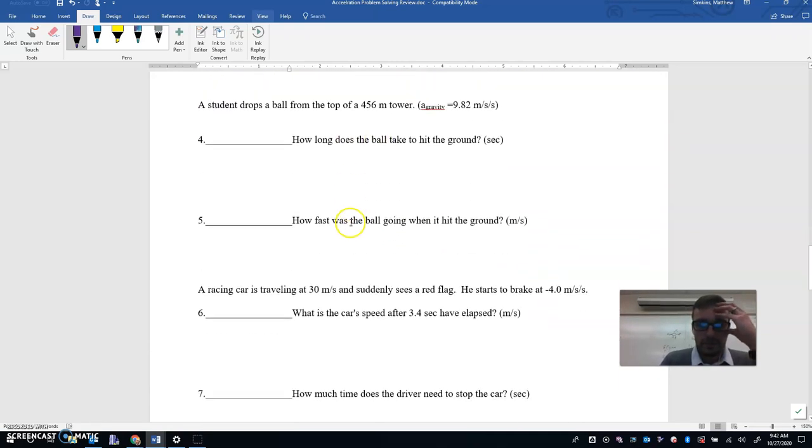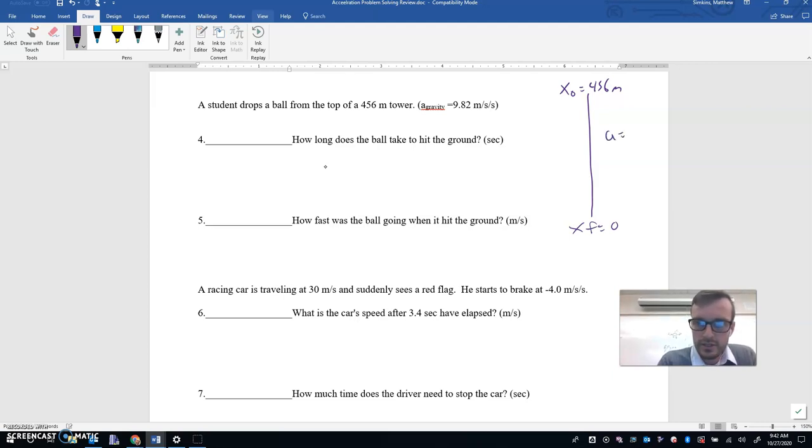All right, a student drops a ball. How long does it take to hit the ground? Now, we're going to get into dropping stuff all next week, but we actually can solve this with the equations that we know. If we consider dropping something, we start up here, x initial is 456 meters, and our x final will be 0 when we hit the ground, right?